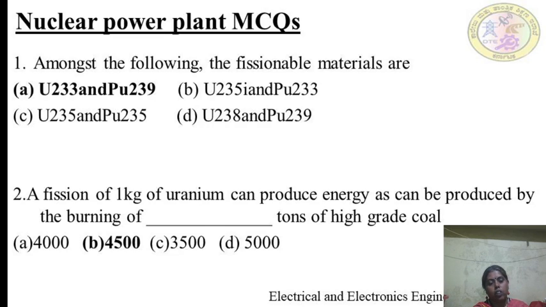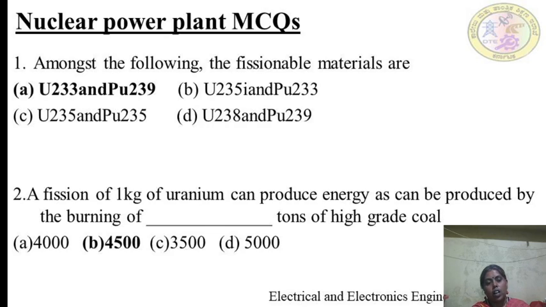Next, second one. The fission of 1 kg of uranium can produce energy as can be produced by the burning of dash tons of high grade coal. That is, 1 kg of uranium is equal to dash tons of high grade coal.